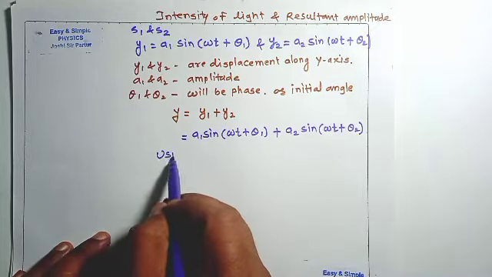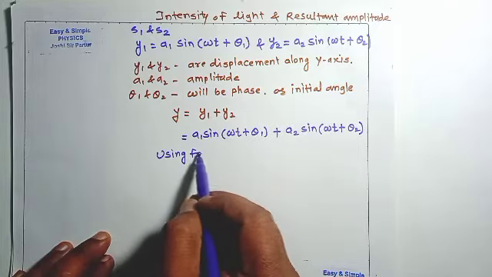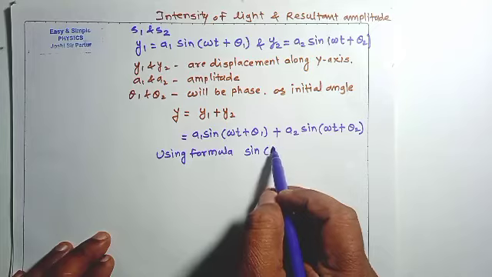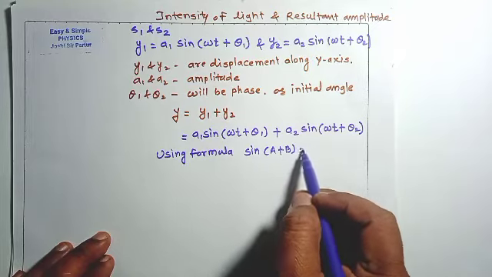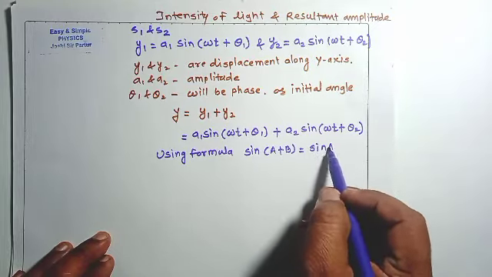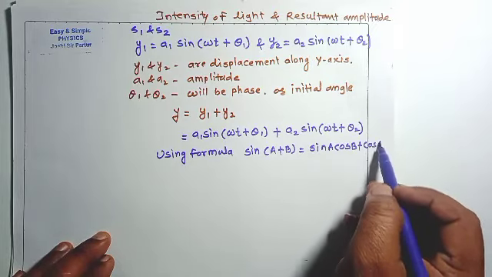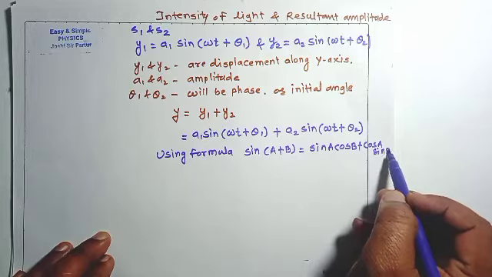Using the formula sine of a plus b is equal to sine a cos b plus cos a sine b.